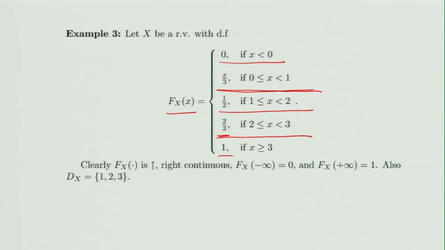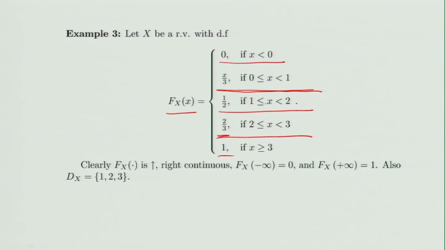Let us try to check at 0. At 0, I have to check only whether the left hand limit is the same as the value of the function or not. At 0, left hand limit is 0, value of the function is 0, right hand limit is also 0. So at 0 it is continuous.